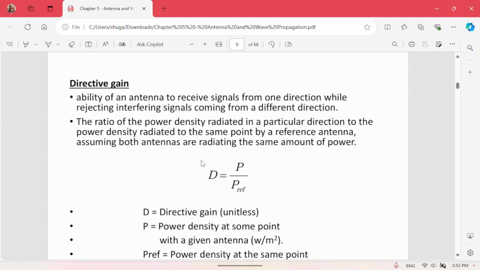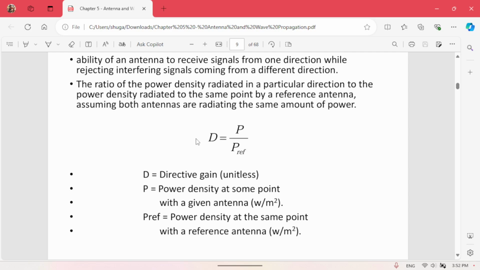So directive gain is usually on the receiving end, and it will only accept signals coming from a certain direction, but it will reject signals from a different direction. That's why the satellite antenna in our generation is much more specific.